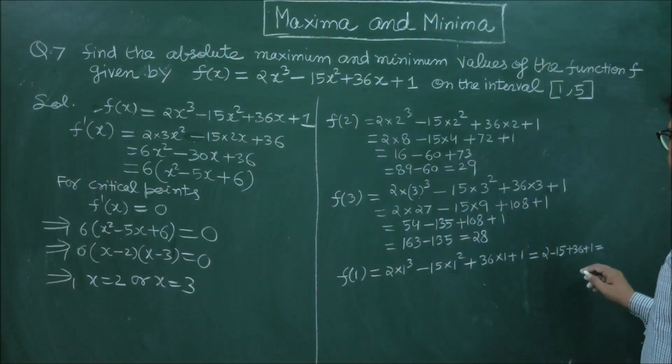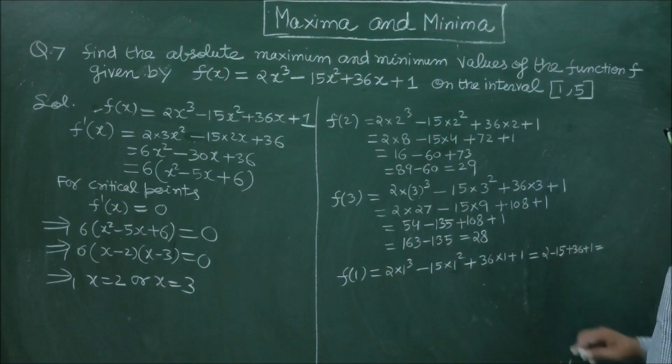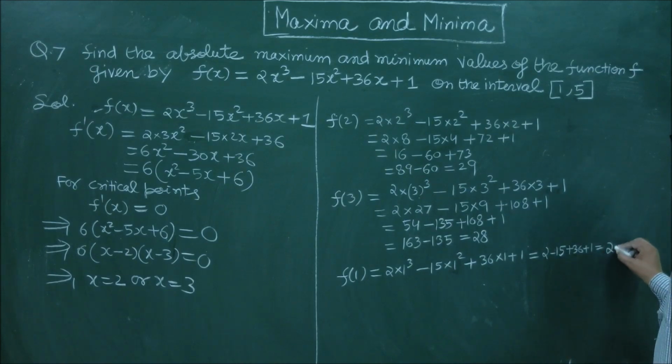So which is equal to 39. 39 minus 15 means 24.